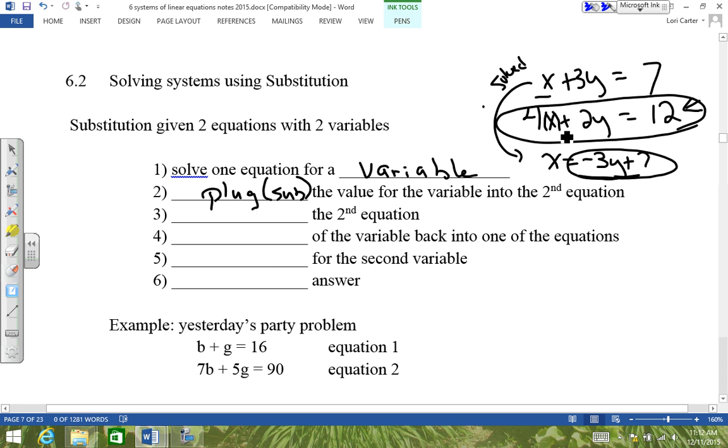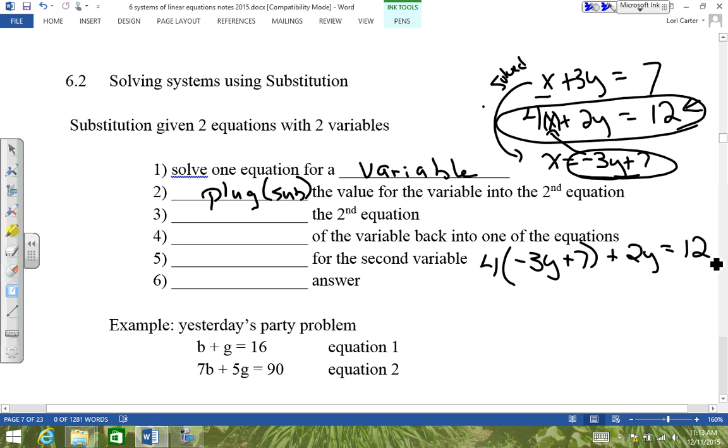First we solve, second we substitute. So this is going to become 4 times negative 3y plus 7, plus 2y equals 12.